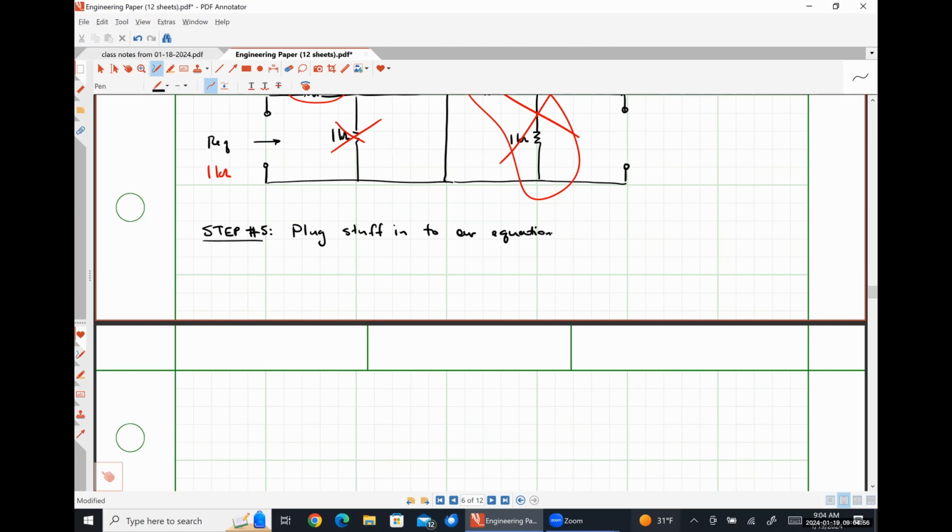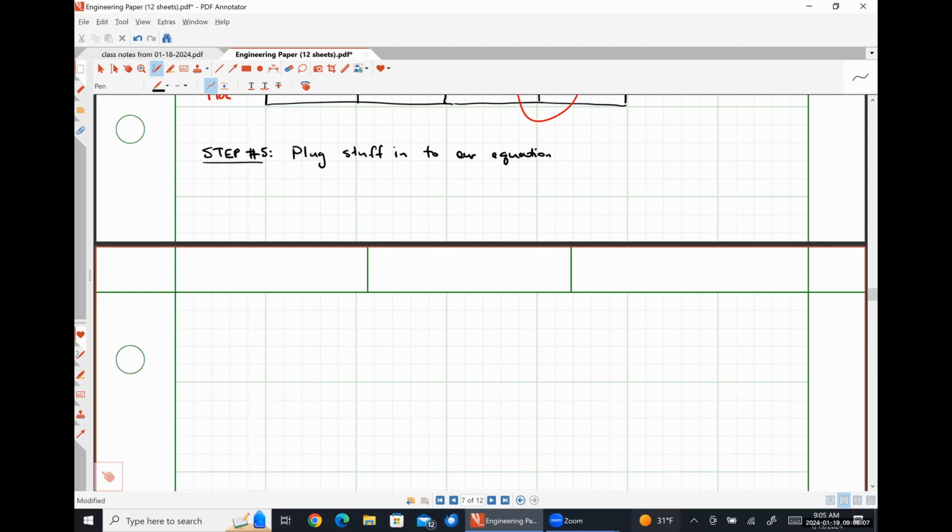I'm going to introduce to you here a generic equation that is applicable for literally anything we're going to deal with in an RL circuit.